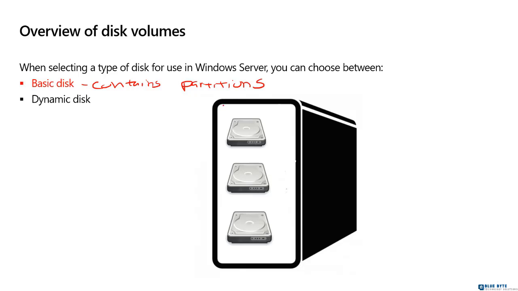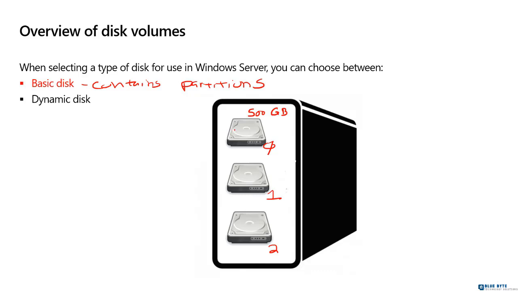Now, what that actually means for me, in my computer here, I have three drives: disk 0, disk 1, and disk 2. The first hard drive in your computer is always labeled as disk 0. If all three of these are basic disks, let's say each drive is 500 gigs.